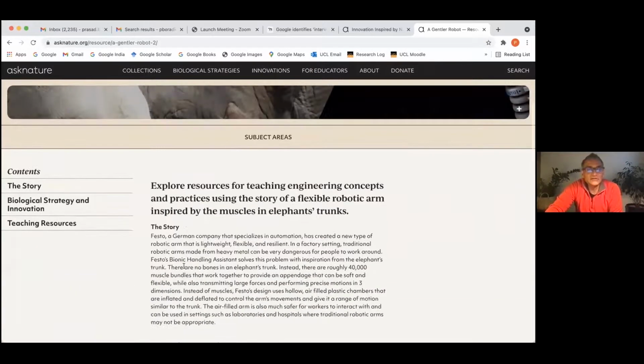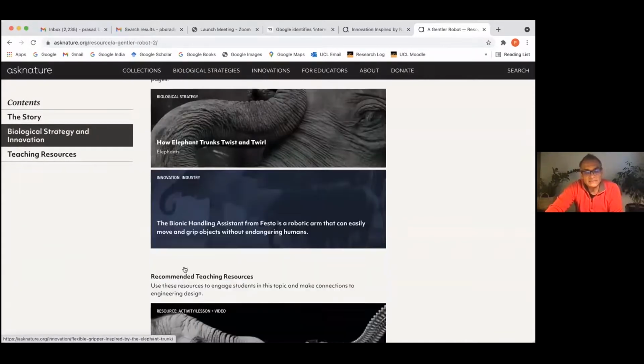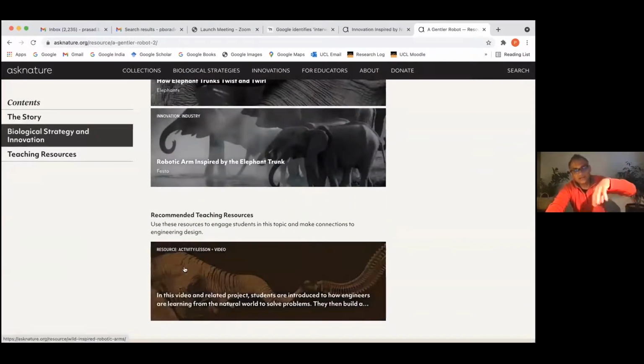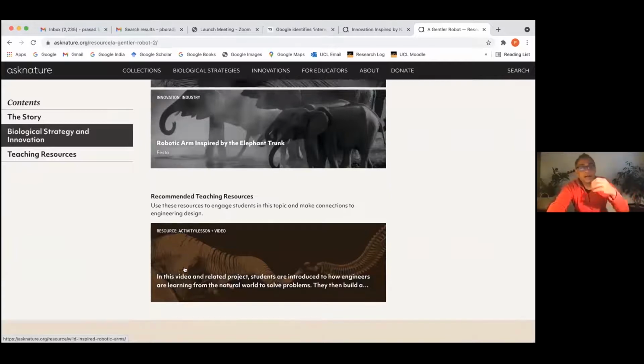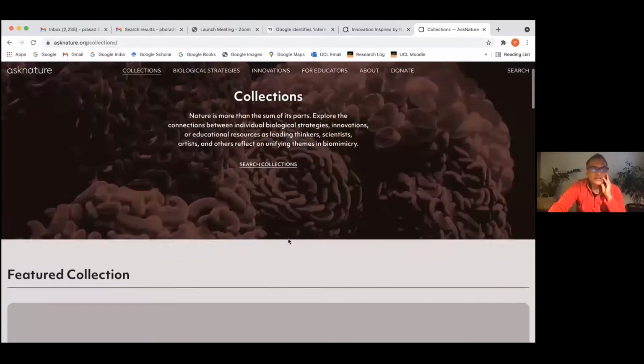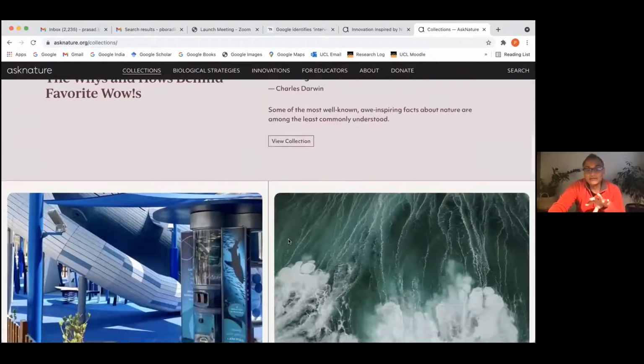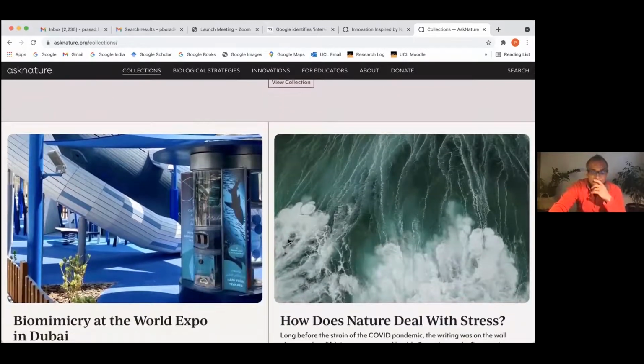There's a really interesting company called Festo in Germany that has created these robotic arms that are inspired by the trunk of an elephant. As you spend some time on this website, you'll see a series of really remarkable examples of how, by looking at the kinds of diversity in nature, you can learn from this and apply it to solve human problems.